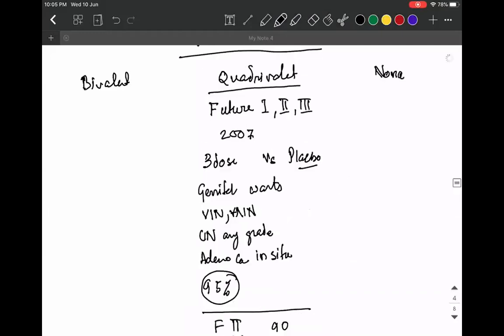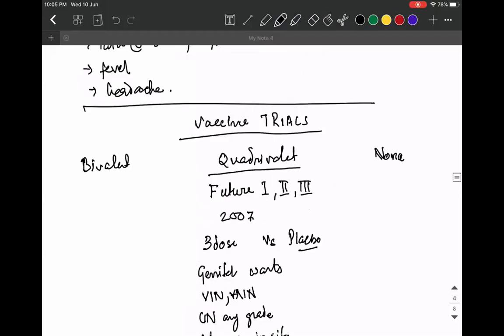Okay, now coming to the studies associated with the bivalent vaccine. For the bivalent vaccine, there are two: the Patricia study group and the Costa Rica vaccine trials. Okay, so what does Patricia stand for? Can anyone try this answer? Does anyone know? Are you all there?